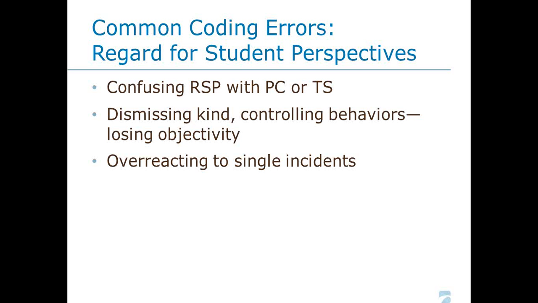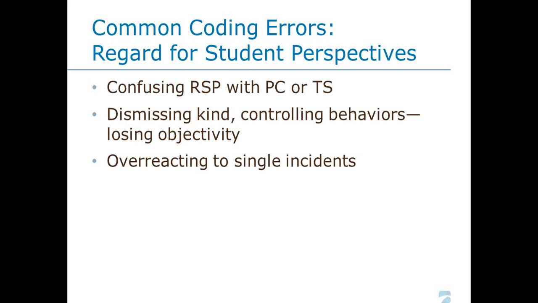Oftentimes, folks will just not want to give any credit at all, but you should give some credit for that. The only time we see low-range scores with regard is when the teacher is very controlling. She doesn't let them choose anything or do anything for themselves.